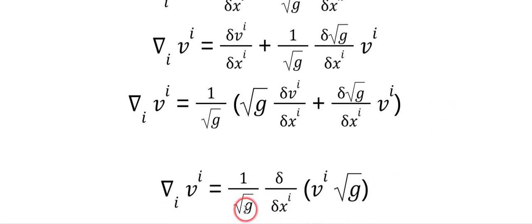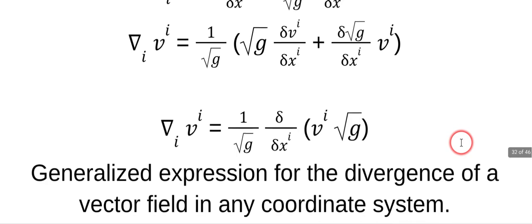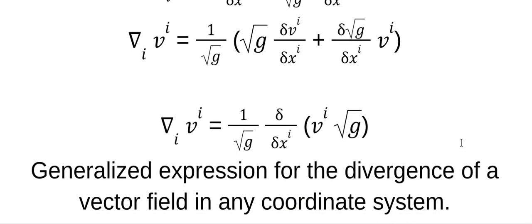All right, so we got 1 over square root of G times the partial of this product differentiated with respect to this arbitrary coordinate. All right, so it'd be the first times the derivative of the second plus the second times the derivative of the first, which is exactly that expression, right? So that is the generalized expression for the divergence of a vector field in any coordinate system. So it is invariant.